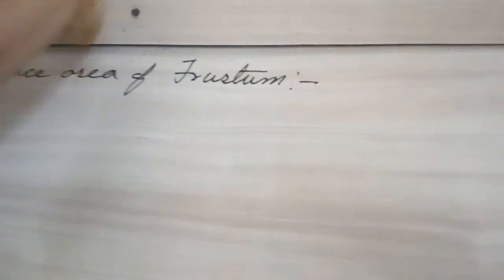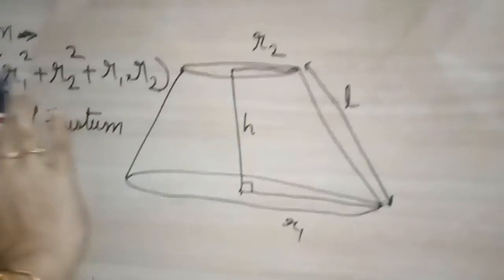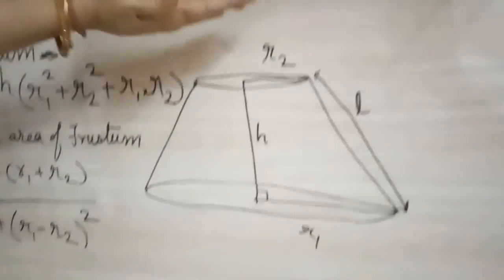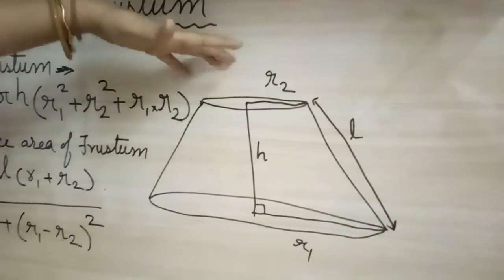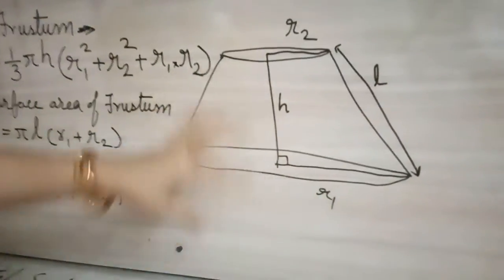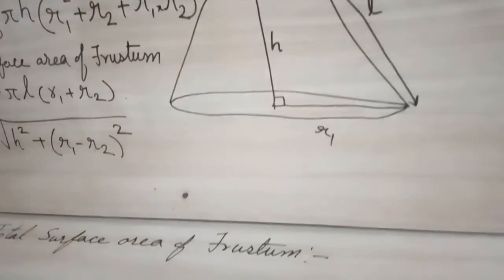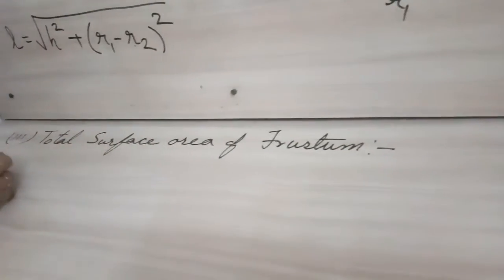Now for total surface area, again logic you will be using, it will have a curved surface area all around, plus it will have the top circular base, means circular area of top, and the circular area of bottom. All three things will be added, so we will get the total surface area of frustum.